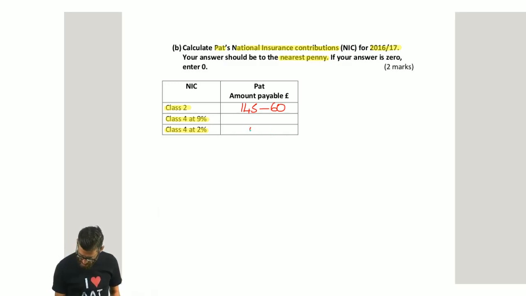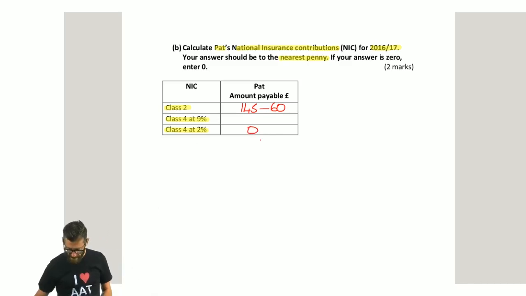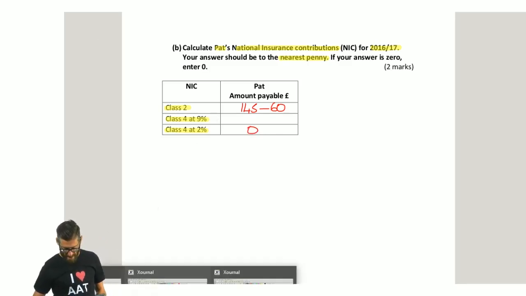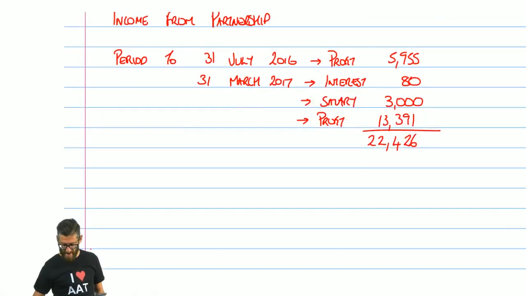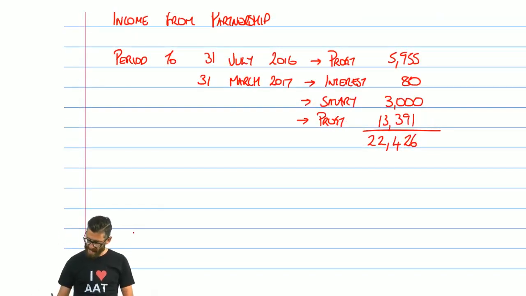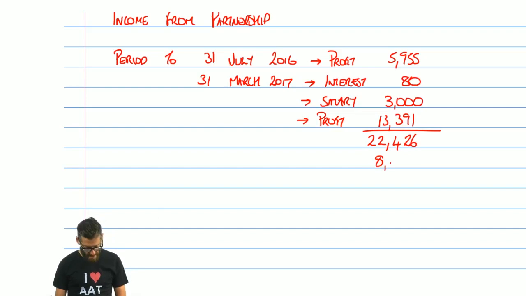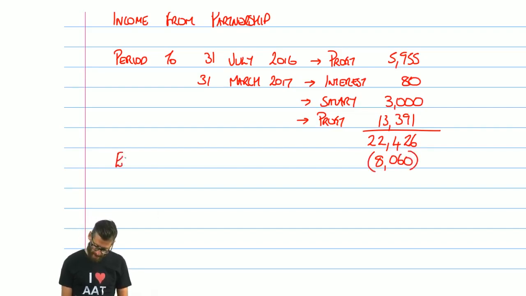So just get a 0 down here. If it was over 43,000, then we would have some figures in there. Now, the first 8,060 is exempt.